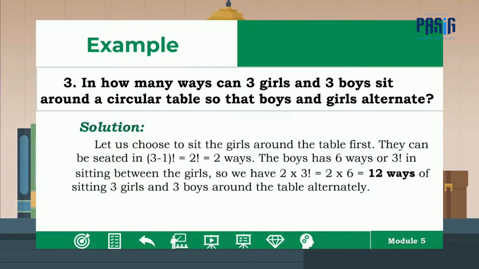They can be seated in 3 minus 1 factorial, which is the same as 2 factorial, which is equal to 2 ways. The boys have 6 ways or 3 factorial in sitting between the girls. So we have 2 times 3 factorial or 2 times 6, which is equal to 12 ways of sitting 3 girls and 3 boys around the table alternately.